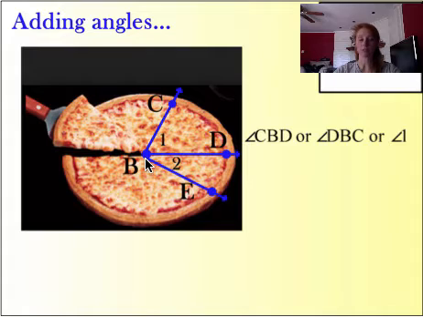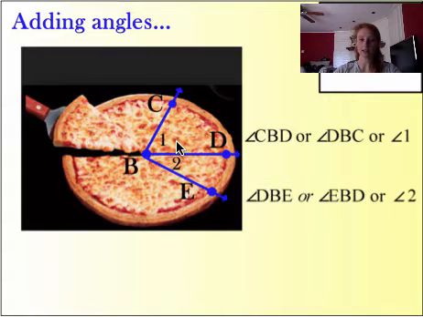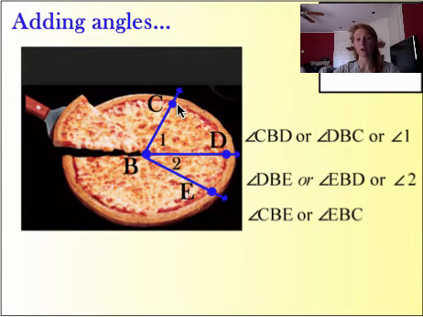So the options for naming this angle is angle CBD, DBC, or angle 1. The next angle we have is angle DBE, angle EBD, or angle 2. And together they make the larger angle, angle CBE, or angle EBC.